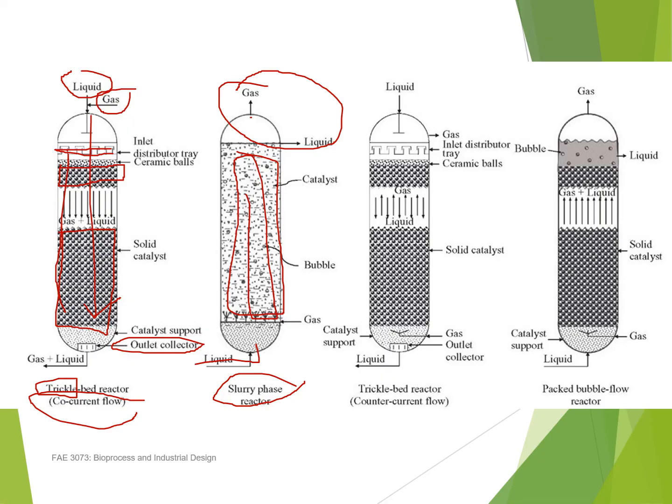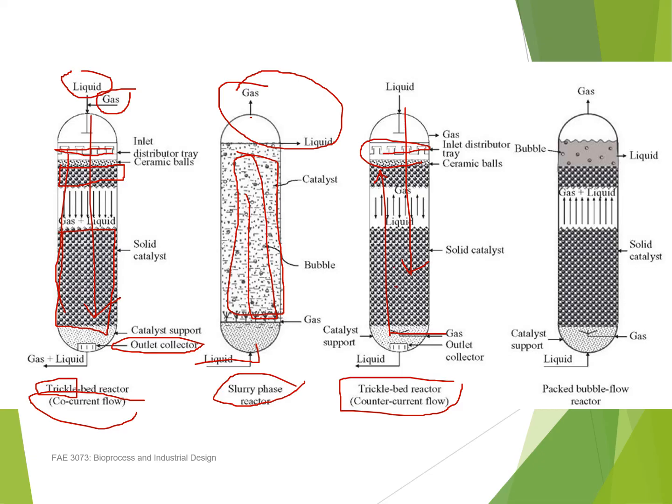Okay. Number 3, trickle bed reactor. This is a trickle bed, similar to the first one, but the flow is counter-current. It means the liquid comes from the top, the gas comes from the bottom, and it will trickle also, spray also here. So the liquid moves from top to bottom, the gas from bottom to top. Okay, so there is mass transfer here. Your immobilized cell will be here.